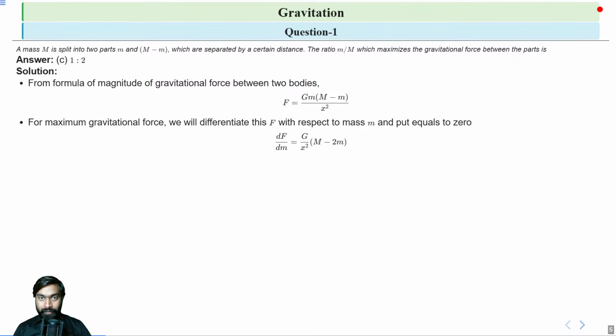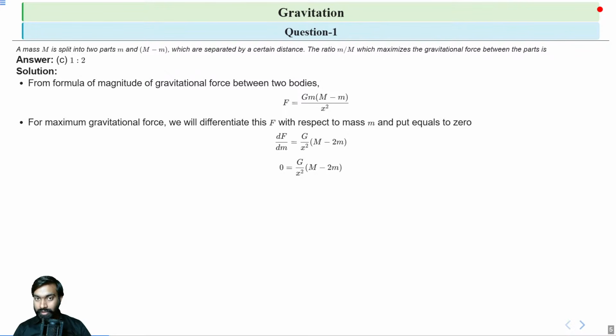When we differentiate F with respect to small m, dF upon dm is equal to G divided by x square into M minus 2m. This is the differentiation of the above equation. So now we will put it equal to 0.